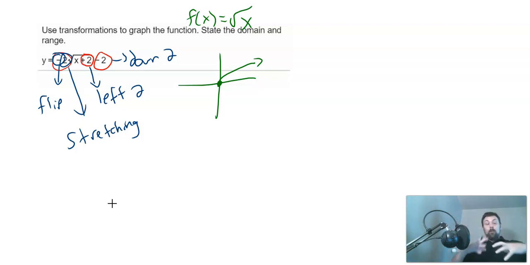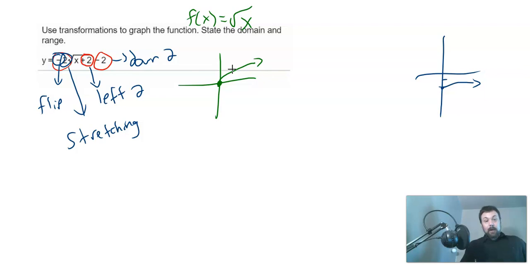But I can't do them all at once, and the order I do them in actually can affect the answer. And you might be thinking, how is that possible? So if I shift it down first, down 2, so it looks like this, I'm taking this graph, shifting it down 2, and then I flip this over the x-axis. Now a lot of students don't literally flip it over the x-axis.